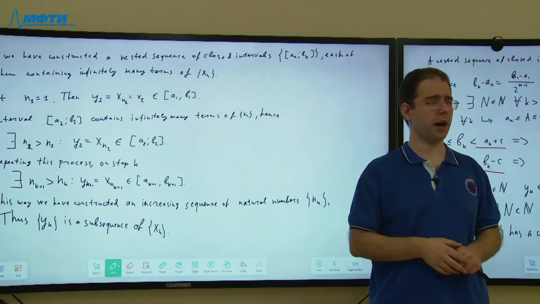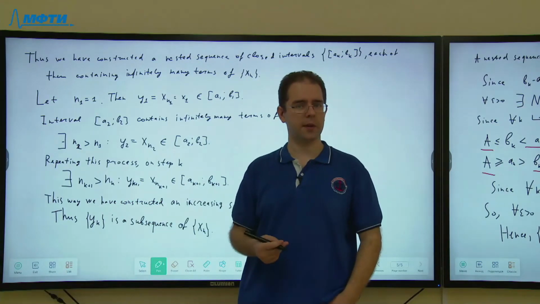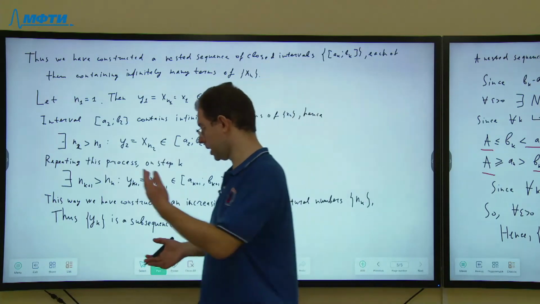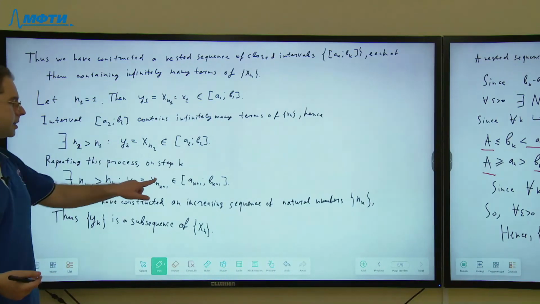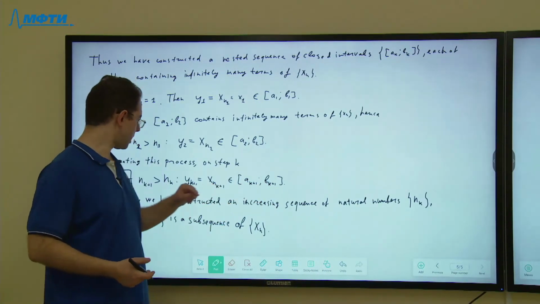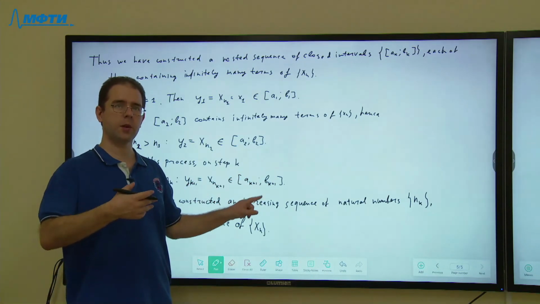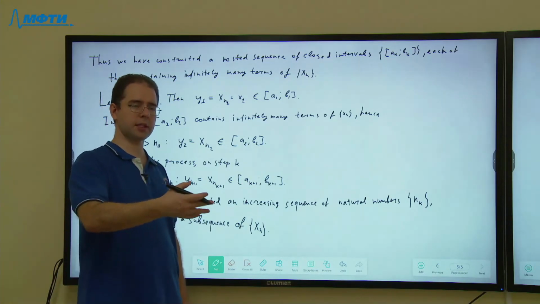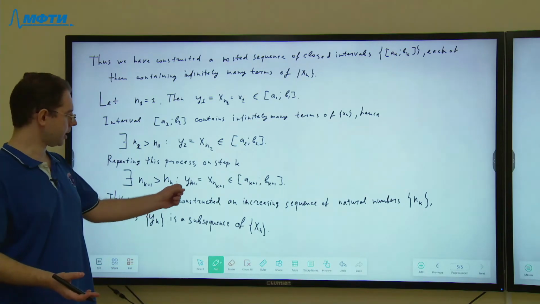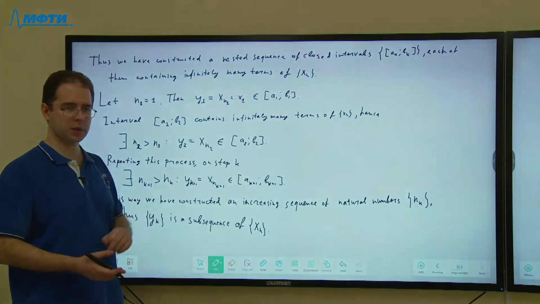But I'm building up for the general step. If we have any specific number n_k, since we have infinitely many terms over here, then there is a term from this interval with the index greater than that specific number. Let's call this index n_{k+1}, and this term of the sequence y_{k+1}.